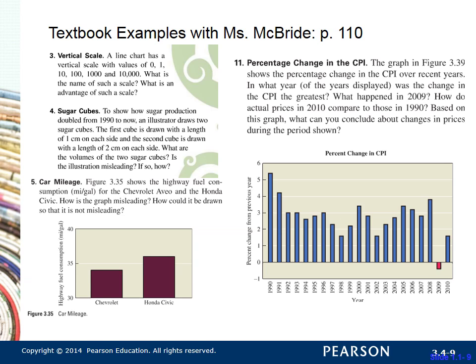Okay, based on this graph, what can you conclude about changes in prices during the period shown? Well, it shows that in 1990, the percent change was still up, but it leveled off a little bit, and it was a little bit lower from 1992. It was still going up, but it was going up in smaller increments. And then back in 2009, it tanked, and then it started to go back up again. And remember, the percent change is positive, means the prices were going up by as much as this as a percent of the year before.